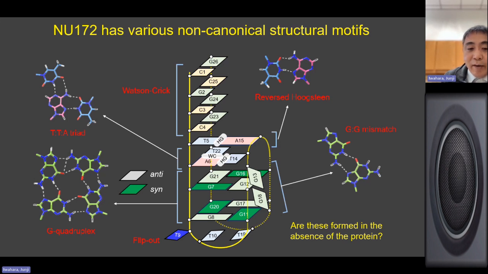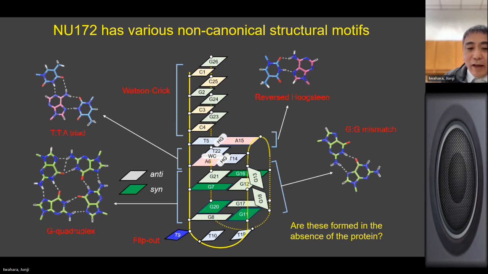The G quadruplex in this case has 2 layers of G tetrad, and usually for G quadruplex, there are 3 or more layers. So we wondered if this kind of structure is possible only in the presence of protein.